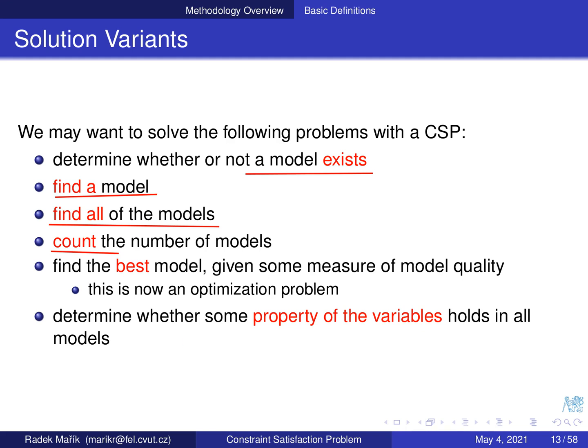In some cases, if we know the set of all models, we can ask if there is a specific property that holds in all models. So it is a kind of another formula that is satisfied in all models.